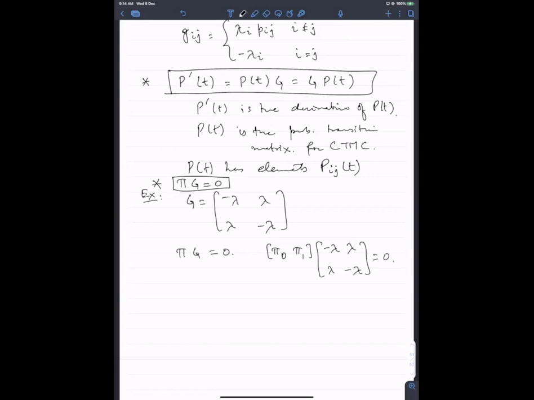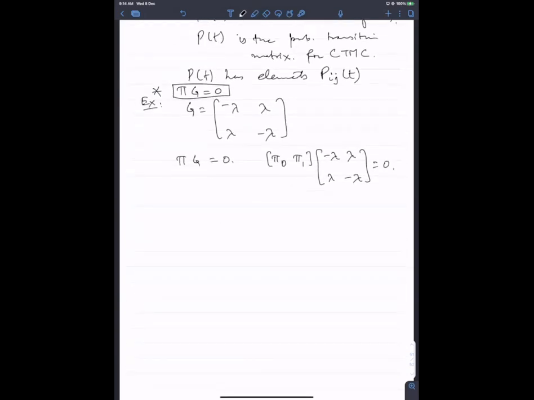So you get two equations here, but those equations will be redundant. So also use pi 0 plus pi 1 to be equal to 1. Okay. Solve, and you will get pi 0 is equal to pi 1 is equal to 1 over 2.